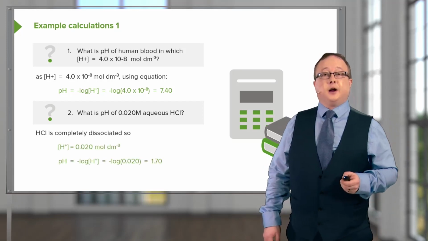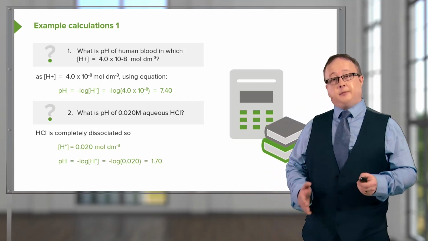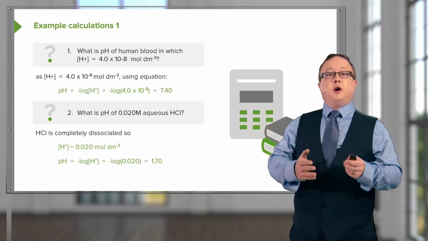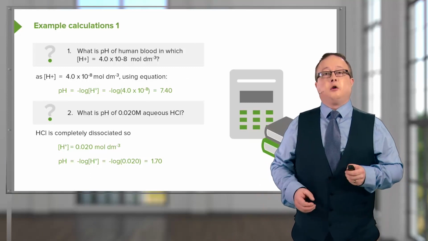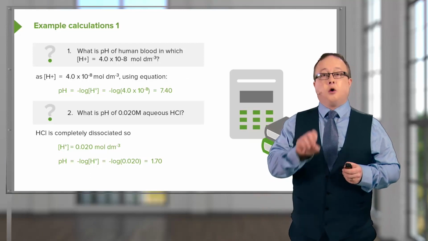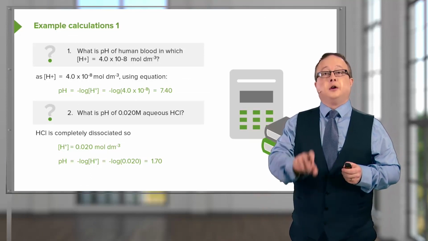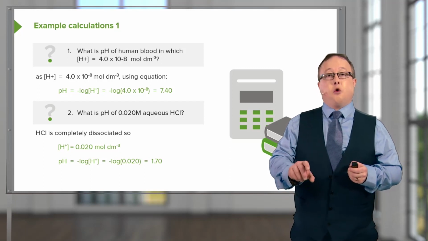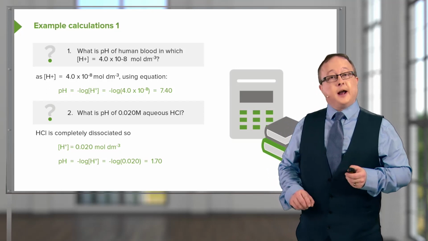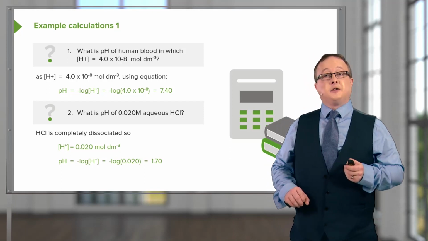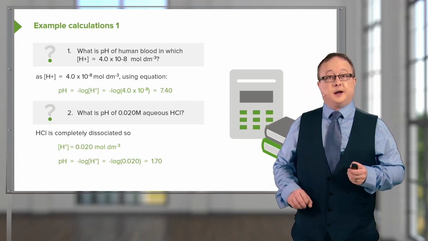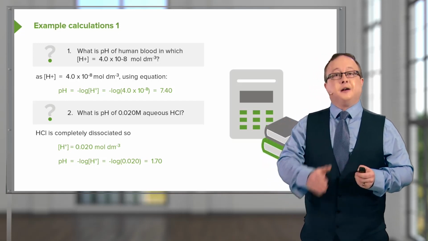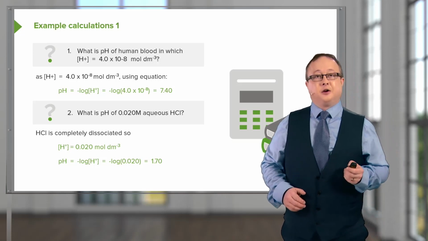So again, it's relatively easy to work out because strong acids are completely dissociated and therefore the concentration that you add correlates directly to 1 equivalent of H+ for every 1 equivalent of HCl added. So where we have a concentration of 0.020, we can do the negative log to the base 10 of that and give us a value of 1.70, generating a solution which of course is a lot more acidic than 7.4, which we had in the earlier question.